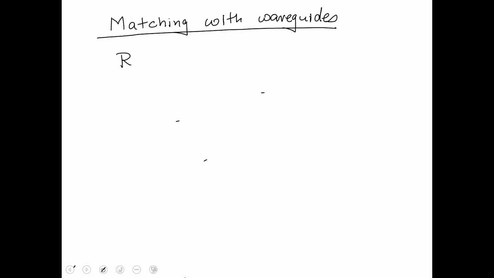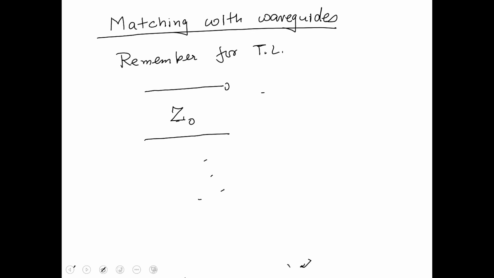Remember, for transmission lines, what you had seen was that if I have a transmission line with an impedance of Z0 connected to a load of ZL, you would get reflections. Sources in RF are very, very sensitive to reflections.